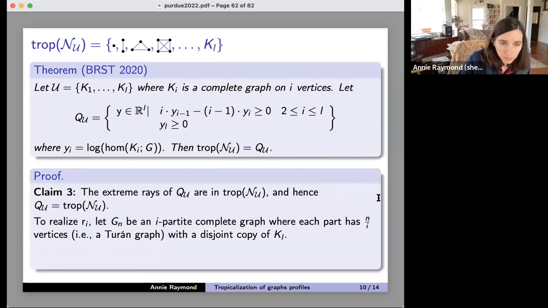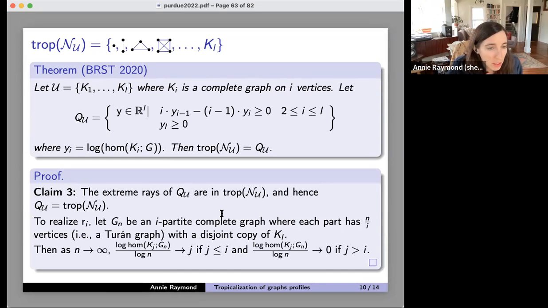So to realize Ri, I'm going to take Gn to be the i-partite complete graph where each part has n over i vertices, so a Turán graph, with one disjoint copy of KL. And so I need KL because I need to make sure that there's at least one complete graph of size L so that I don't get any zeros in my numbers anywhere.